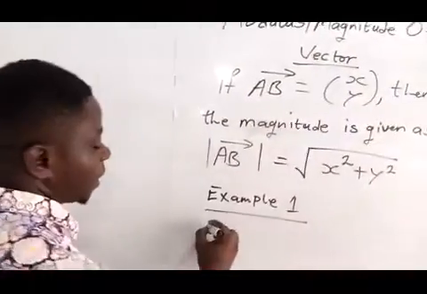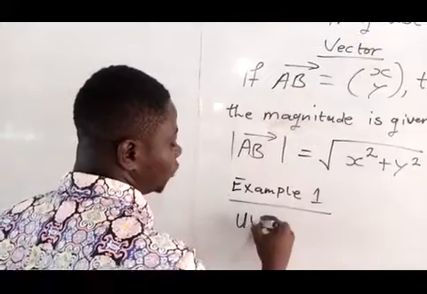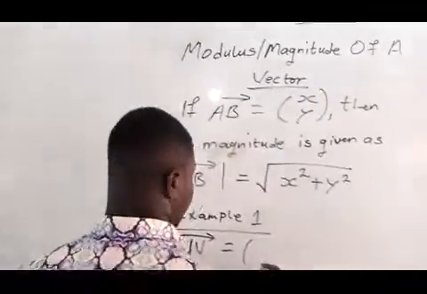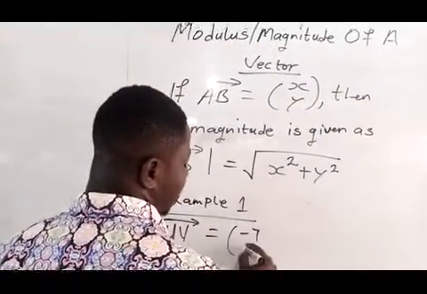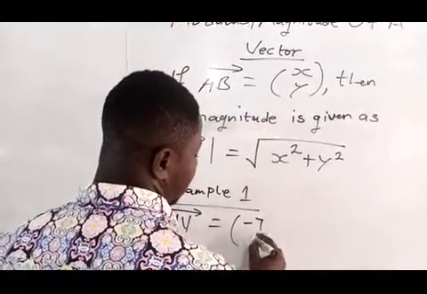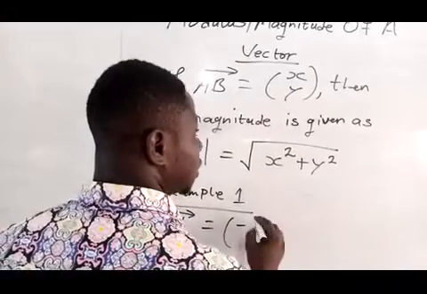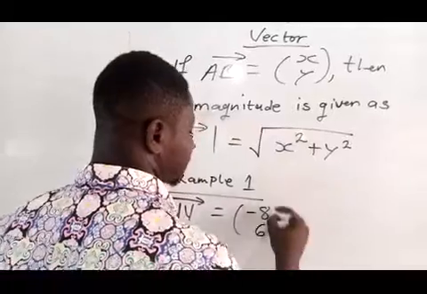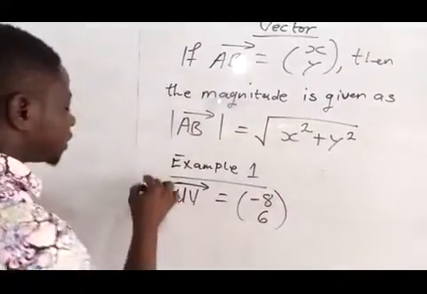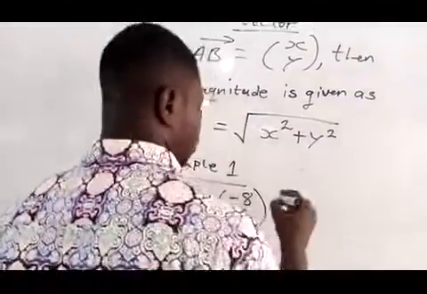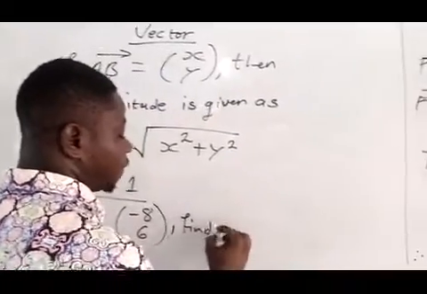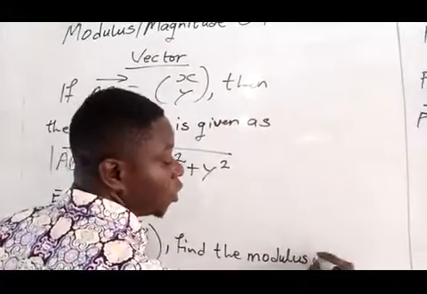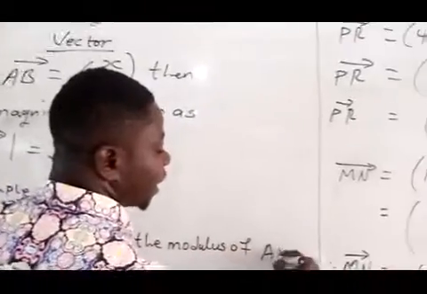We have vector UV to be equal to minus 8, 6, and we are to find the modulus. Find the modulus of vector UV.